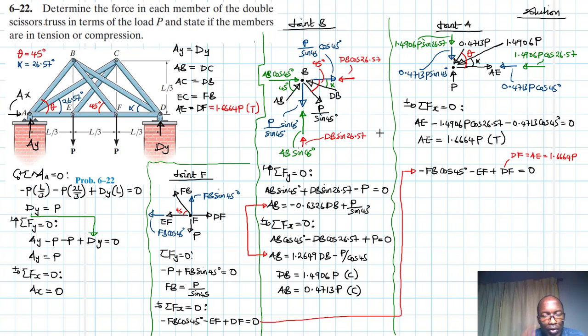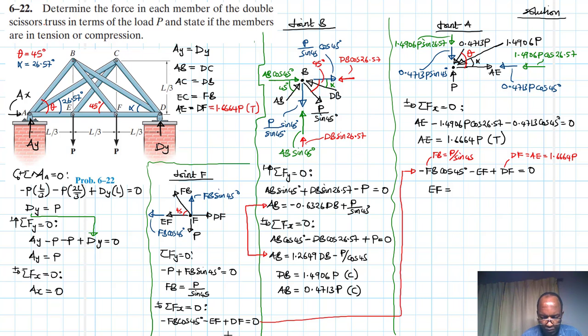And then we know EF. No, we don't know EF. We know FB. FB is equal to P divided by sine 45.